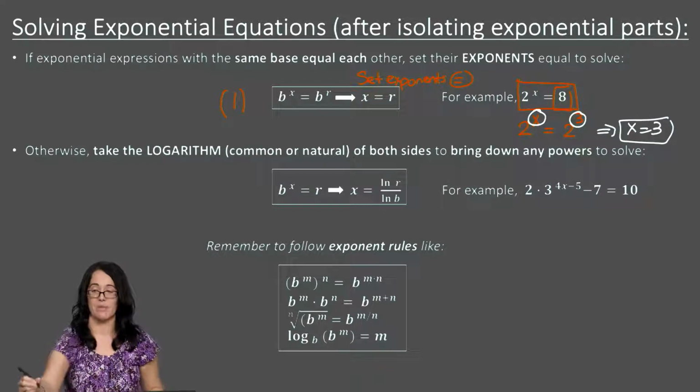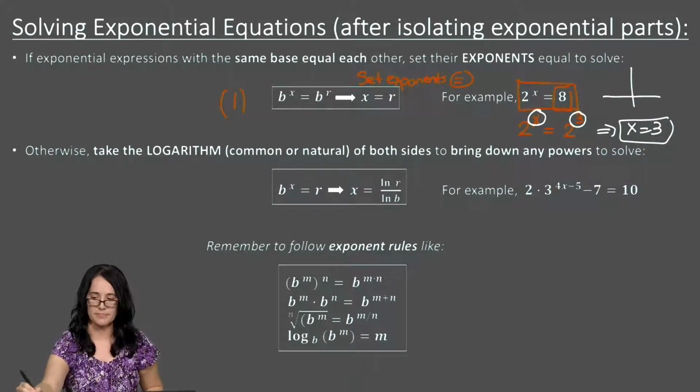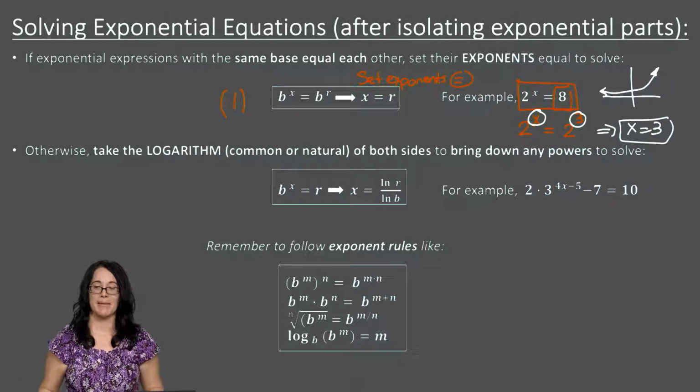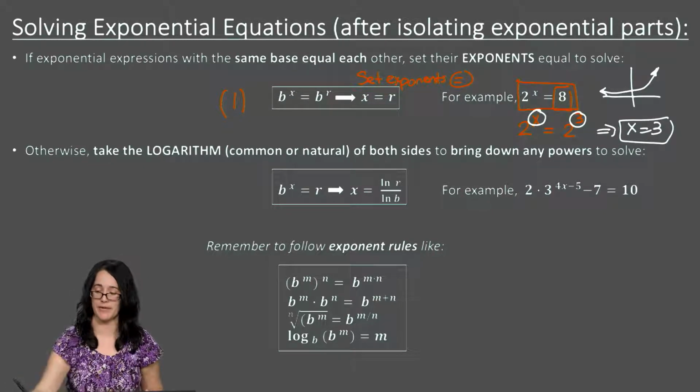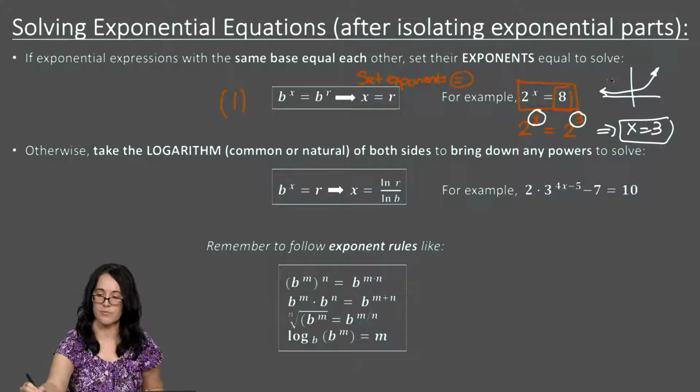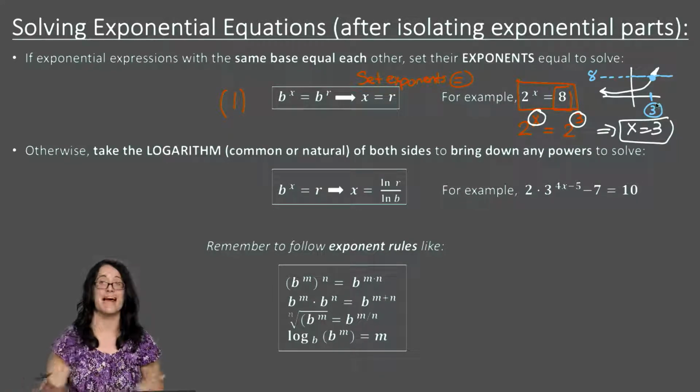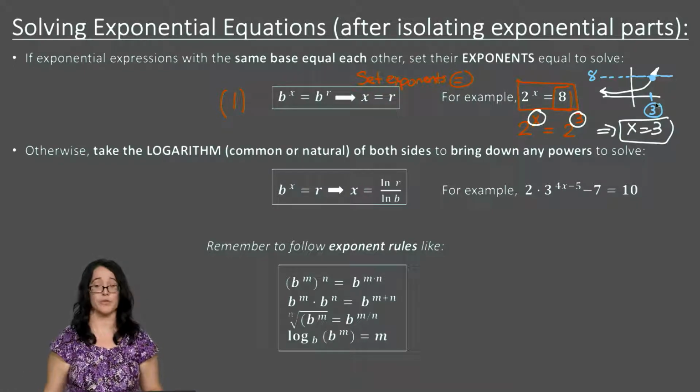If you remember what an exponential graph looks like, if its base is bigger than 1, it's growth, meaning that any input is allowed, to the left forever and to the right forever. In this particular case, by answering x equals 3, what we've really said is the y value of 8 is achieved at the location x equals 3. So that's the interpretation of the answer visually on the graph.